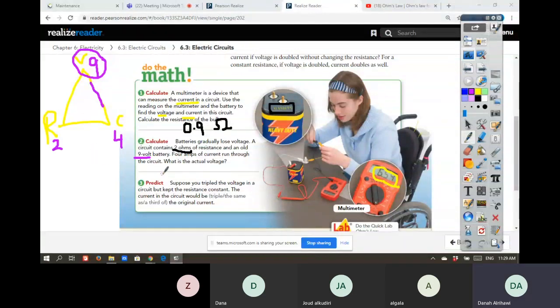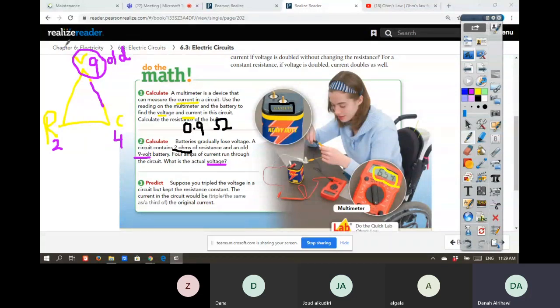Let's see. How can I find the actual voltage? The voltage is missing. So how can I find it? Zaina, can you help me? Zaina, the 9 is old.